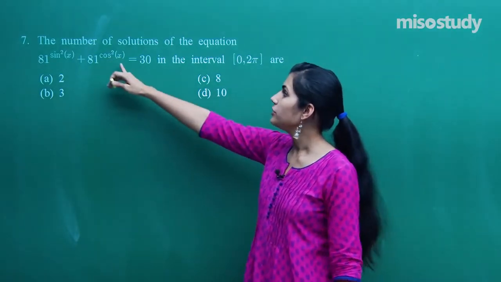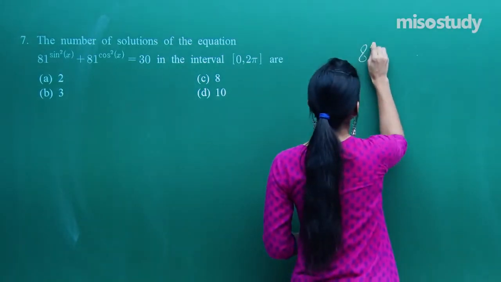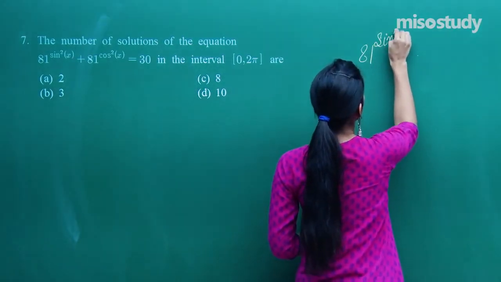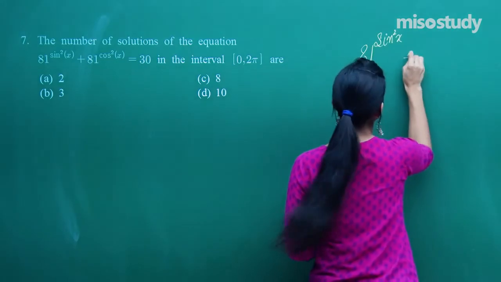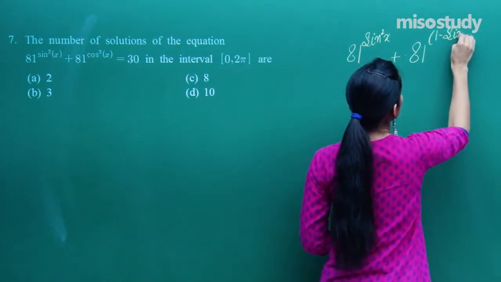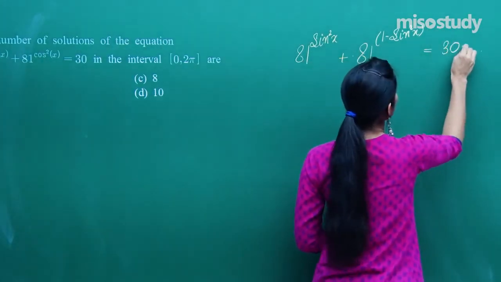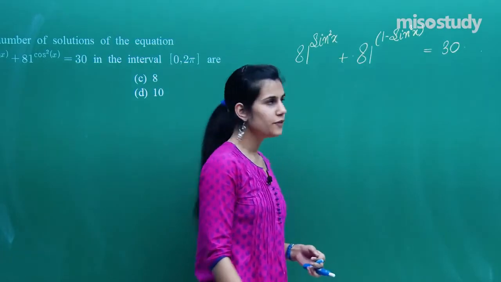So cos square x can be written as 1 minus sine square x, and therefore 81 to the power sine square x plus 81 to the power 1 minus sine square x equals 30. Fine.